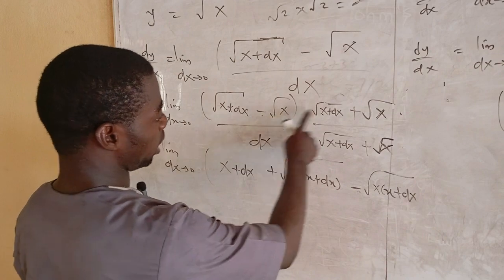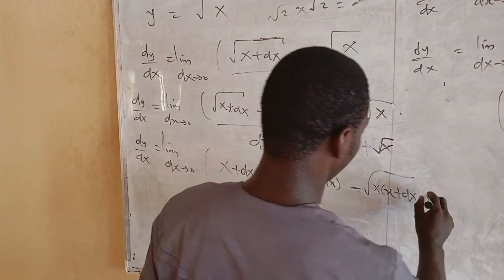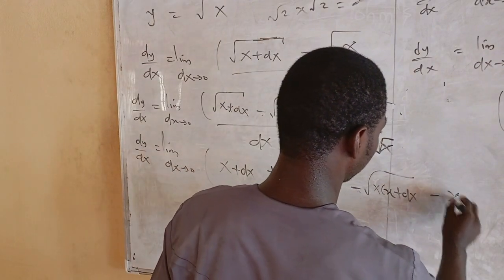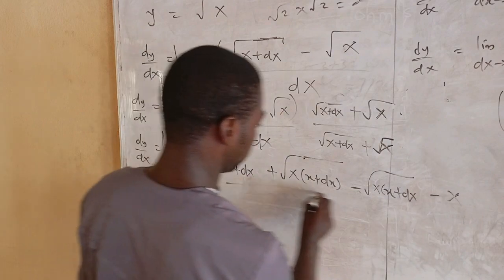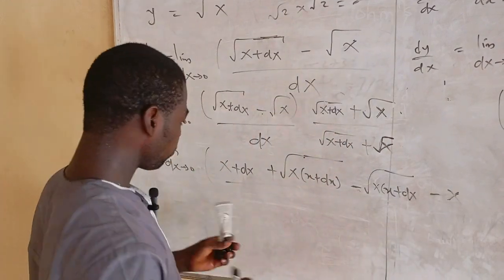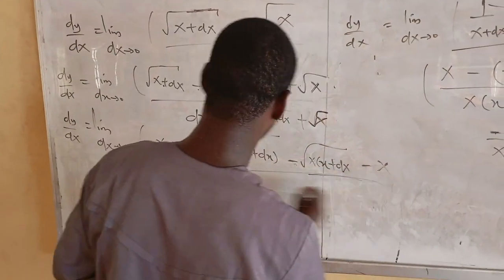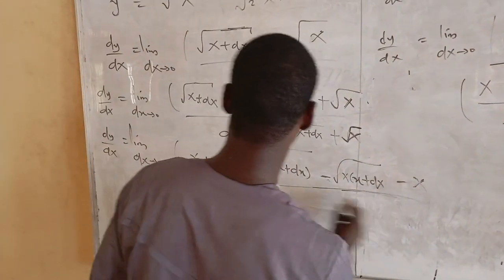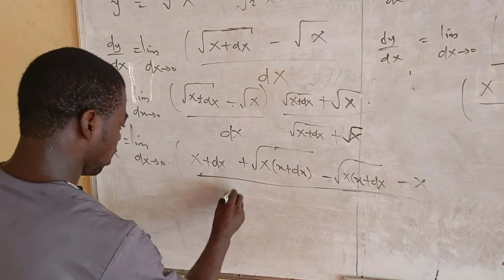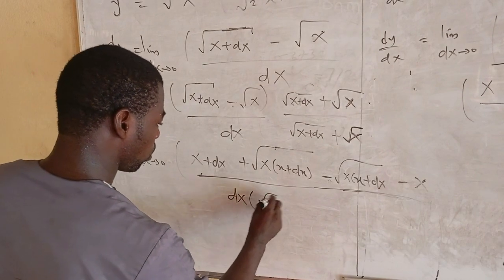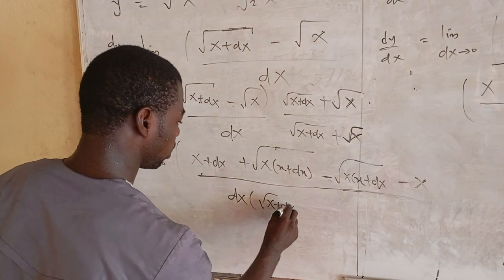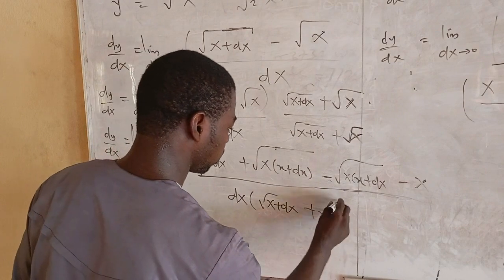Finally we have minus root x times root x, so I have minus x, divided by dx into square root of x plus dx plus root x.